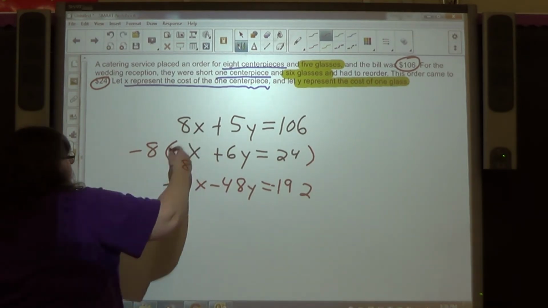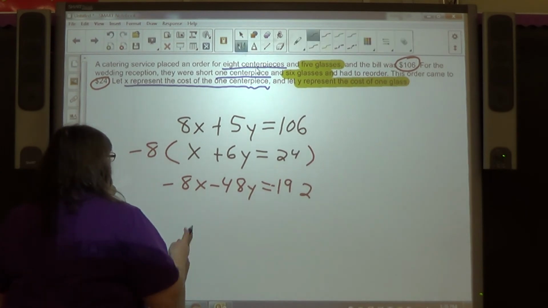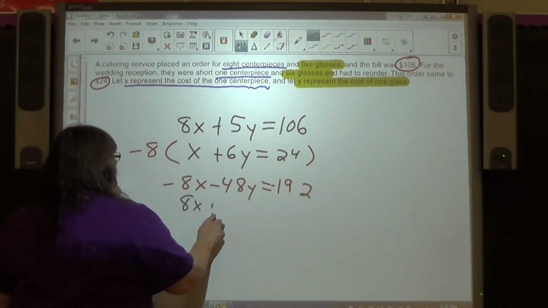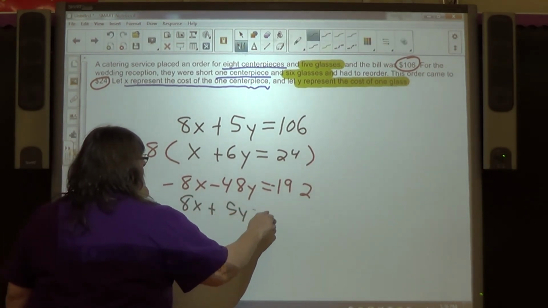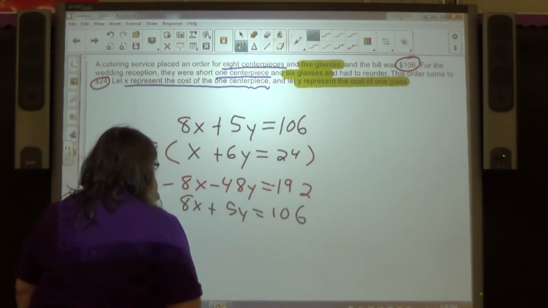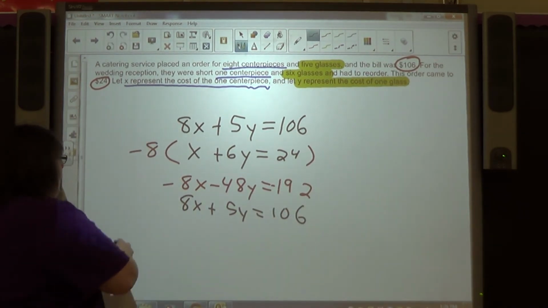Now, bring the top one down underneath. 8x plus 5y equals 106. And add them.